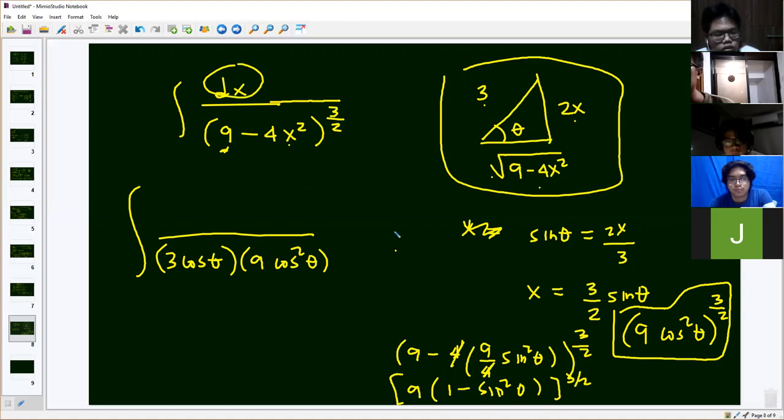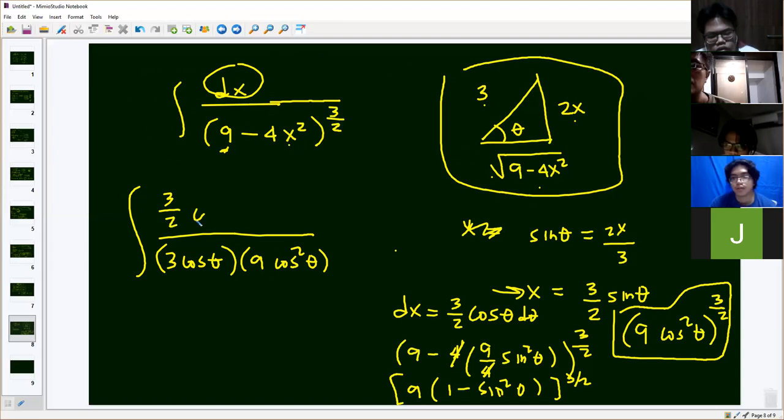Now, look at that dx. Saan natin kukunin yan? Siyempre dito. So, you have dx is equal to 3 halves. What is the derivative of sine? Cosine. Then d theta. So, papalitan natin yan ng 3 halves, cosine, d theta. So, let's simplify this. So, mangyari, cancel to. 3 halves over 3, what's that? 1 half, right?